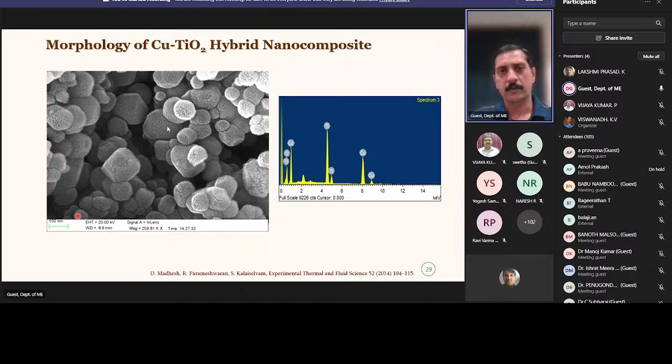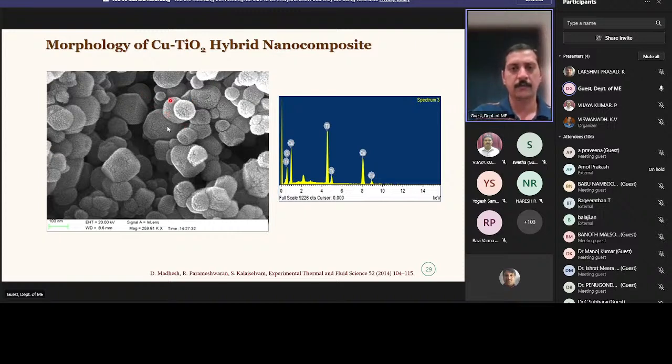This is the morphology of the copper titanium hybrid nanocomposites. Morphology talks about the size and shape of the nanomaterials which we have synthesized, and we used the field emission scanning electron microscope to visualize how the particles have formed.